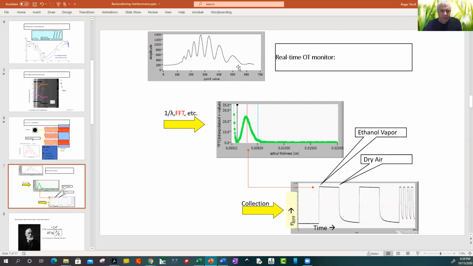You know, got a little spread in frequency. It starts, and then it wiggles and then it peters out. Now, if you Fourier transform that, you get a single broad peak. And the wave number here turns into centimeters here.